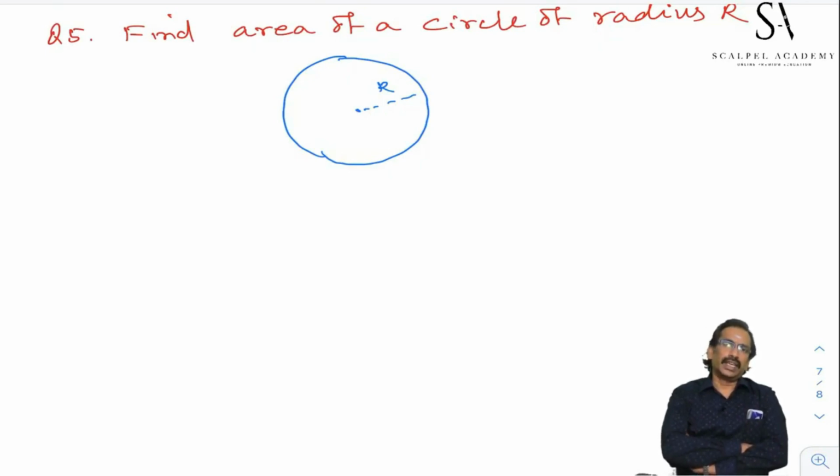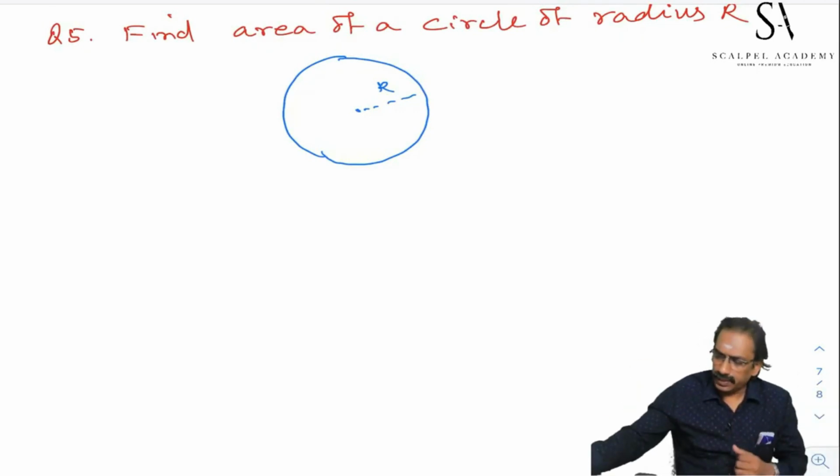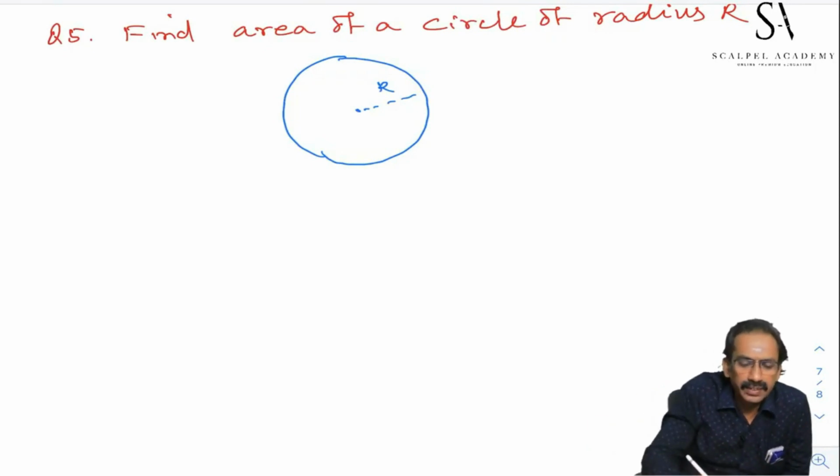But that element must be very convenient for us to calculate the area of that element. I take the element like this. Listen. Will it be convenient for us or not? Let us see.